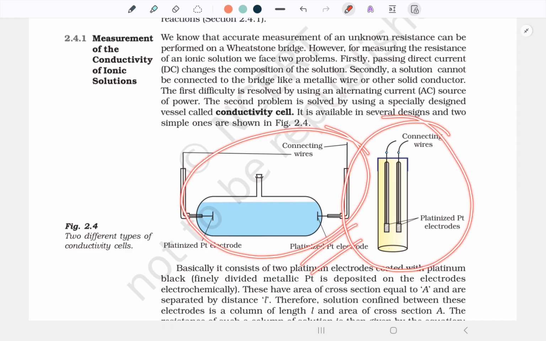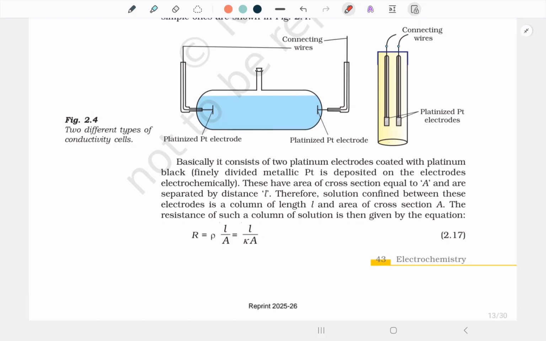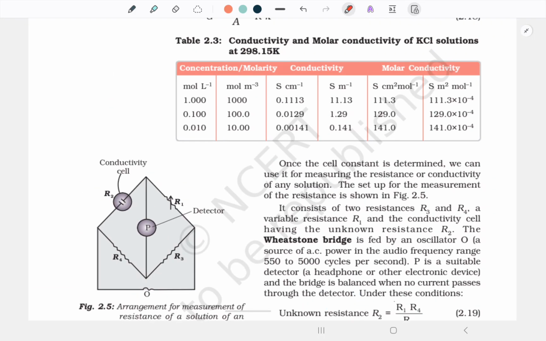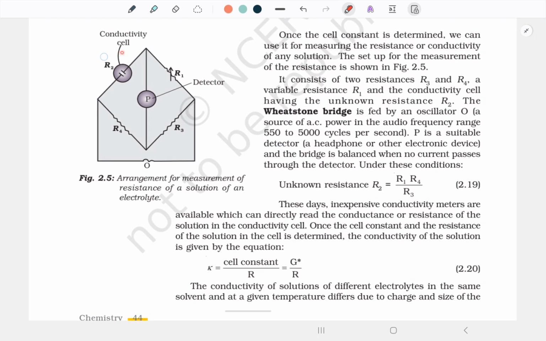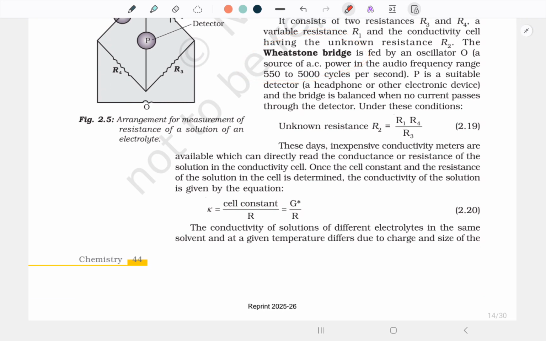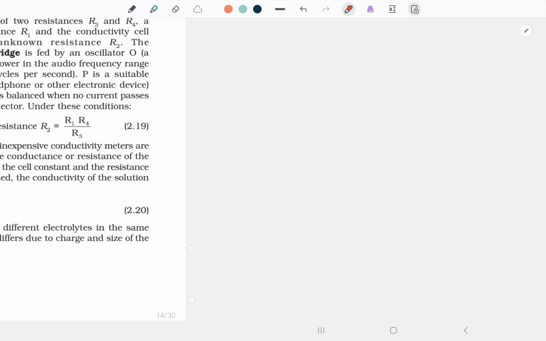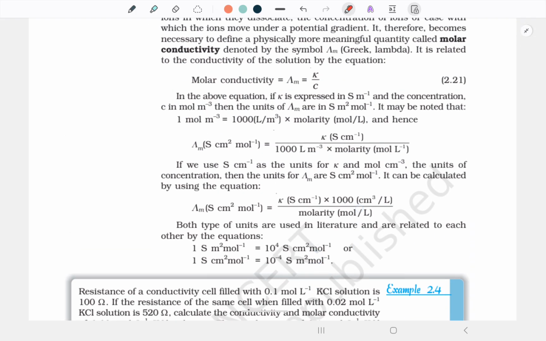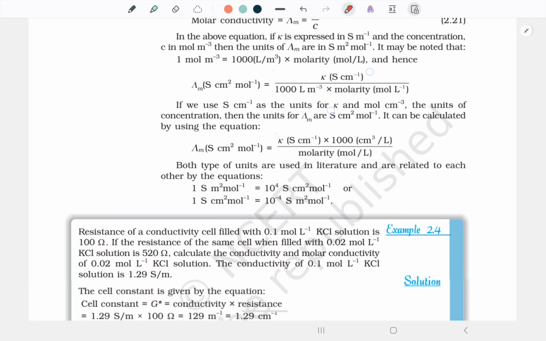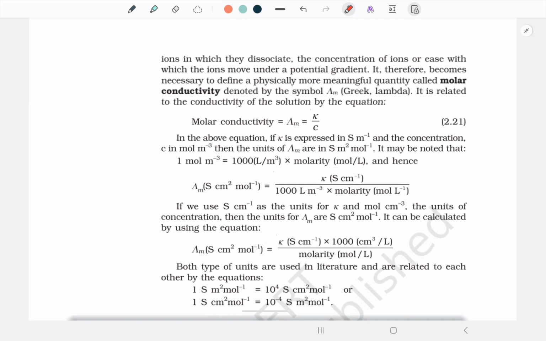This is another kind of conductivity cell, and we have studied how to find the unknown resistance with the help of Wheatstone bridge, and we know that this is represented as the cell constant. Some questions are provided for you, and the next part will be starting from the molar conductivity.